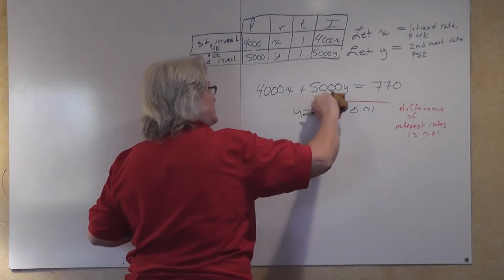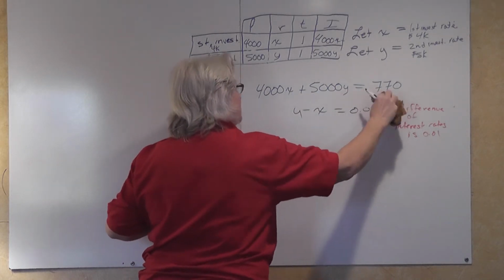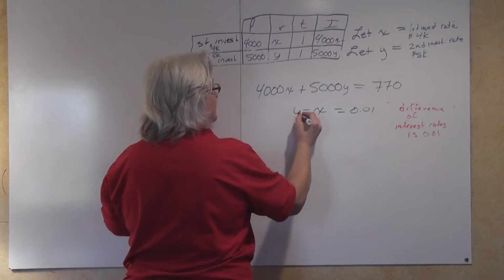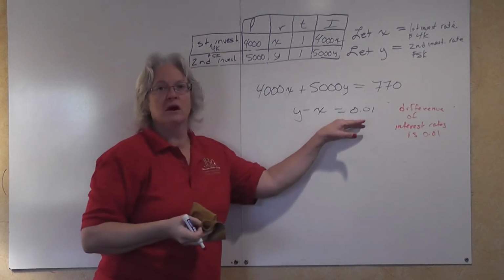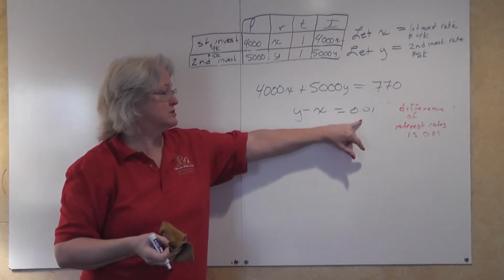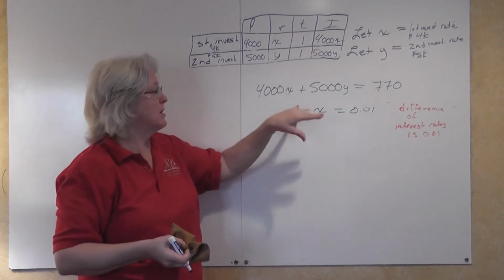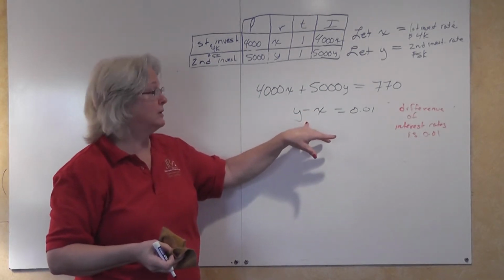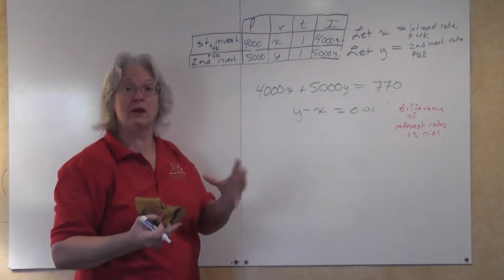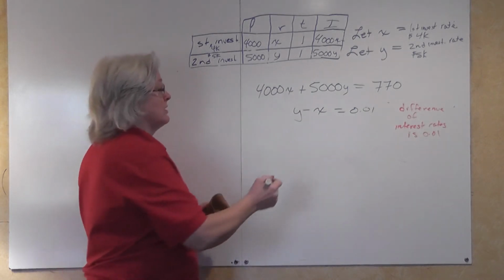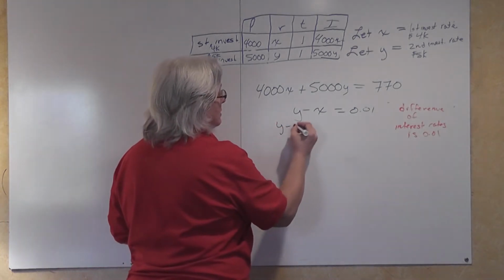I have this equation, this relationship that they've set up that says the difference of the two interest rates is equal to 0.01, and they're thinking, oh, if I solve for y, then I can just substitute and that'll make the problem pretty straightforward.